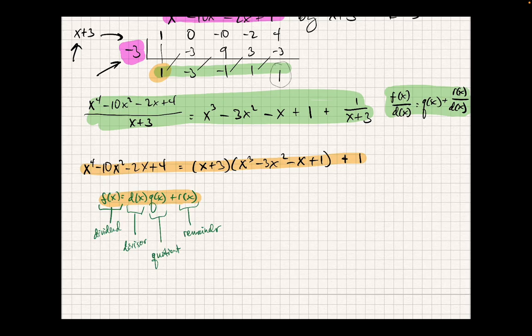So you might want to write this down, with the labels. Dividend equals divisor times quotient plus remainder by itself. Here it's still the dividend, but it's dividend over the divisor, and then the quotient by itself, plus the remainder over the divisor.